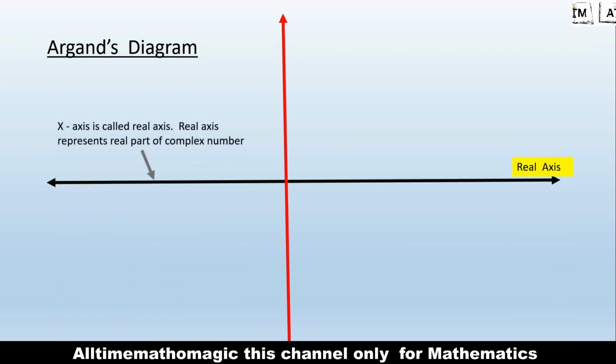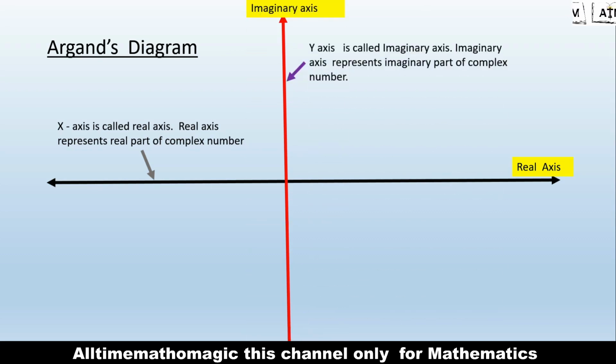In Argand's diagram, the x-axis is called the real axis. The real axis represents the real part of the complex number. The y-axis is called the imaginary axis. The imaginary axis represents the imaginary part of the complex number.